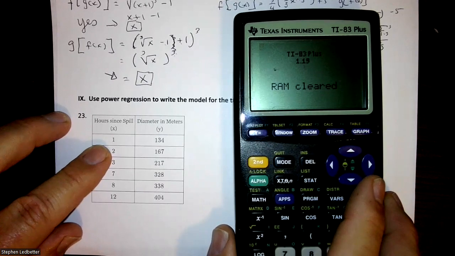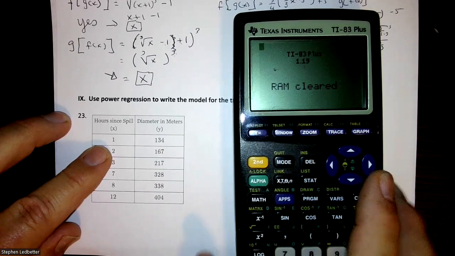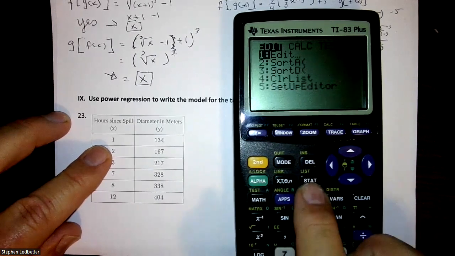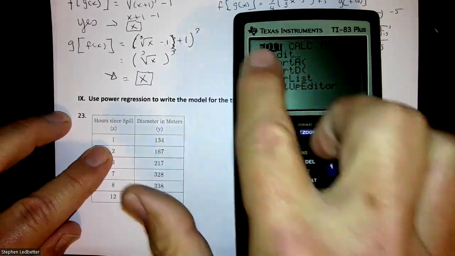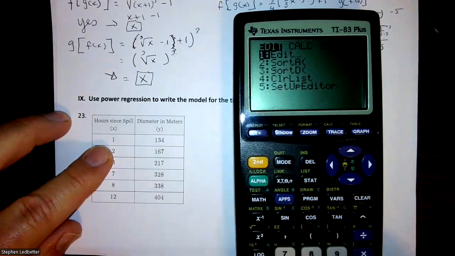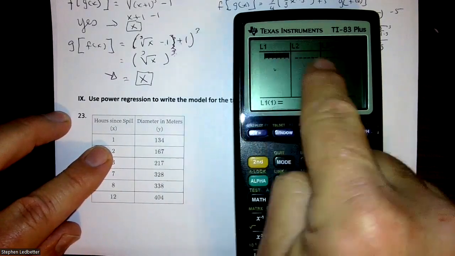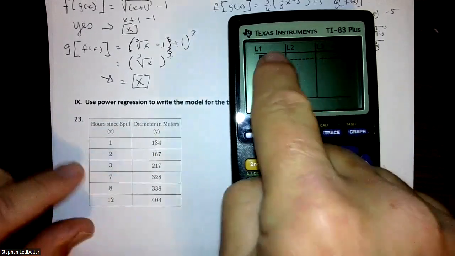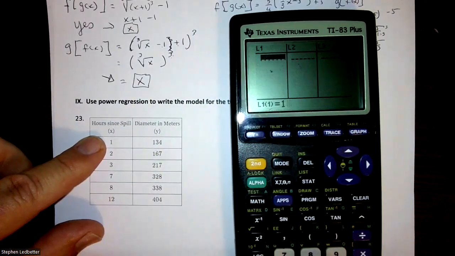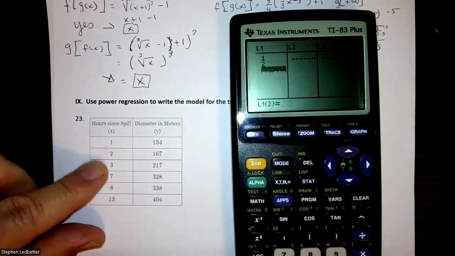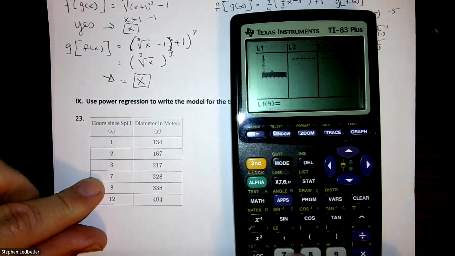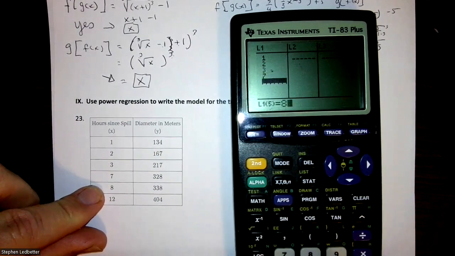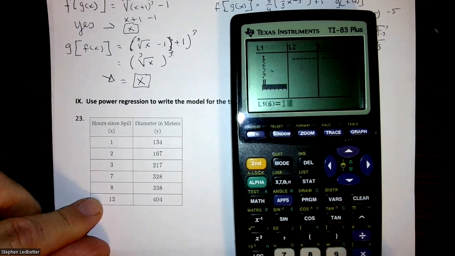We hit stat, that button right there. You're going to go to edit, and you hit 1. You see where it says L1, L2? We're going to put this in for X, this in for Y. So I'm just going to type in 1 and enter, 2, enter, 3, enter, 7, enter, 8, enter, 12, enter.